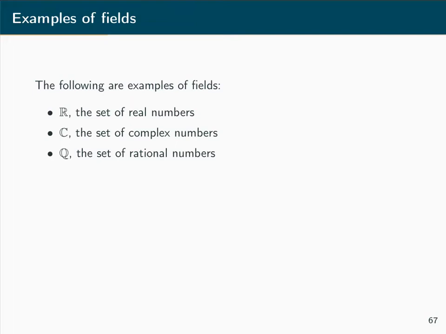However, and that's important to notice here, these are not the only possible examples of fields. In fact, any set that satisfies the conditions stated in definition 4.1 is a field. And there are many more examples of fields which are not these three very well-known sets.